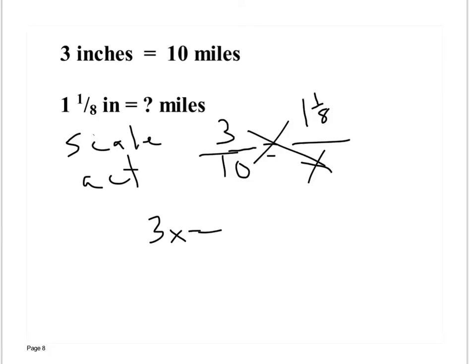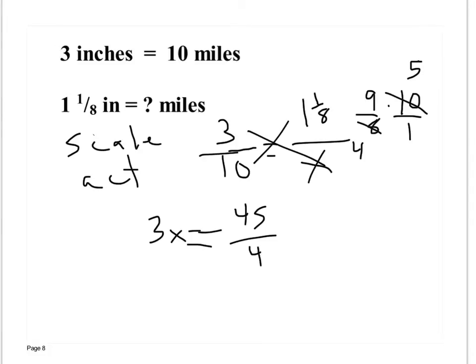Everybody with me? 9 over 8 times 10. So then I can reduce, take 2 out of 8 and get 4, 2 out of 10 and get 5. What is 5 times 9? 45. And we have 4 on bottom. So we have 3x is equal to 45 over 4.